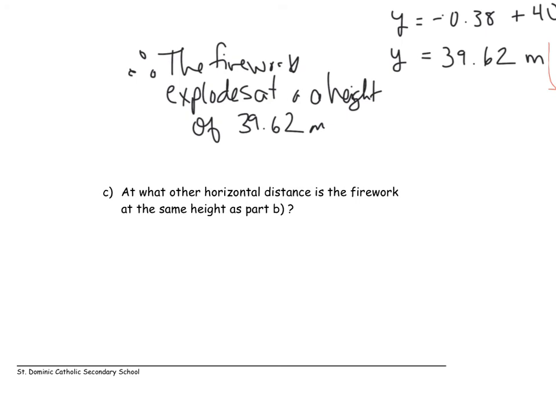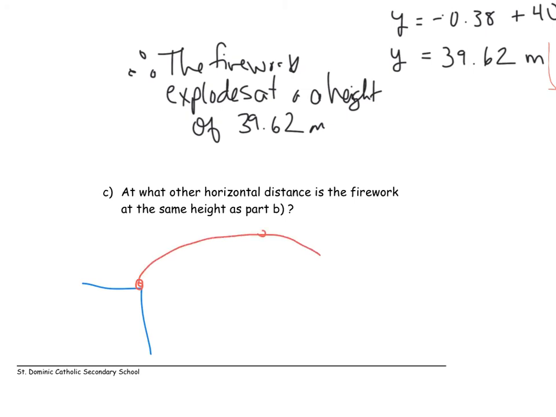Okay, and so in part C of this question, it's asking us at what other horizontal distance is the firework at the same height as part B. So I'm just going to quickly sketch out what we have so far. We have our firework. It's going to land probably not that far.